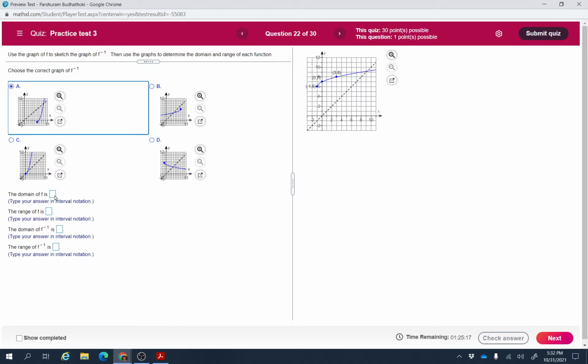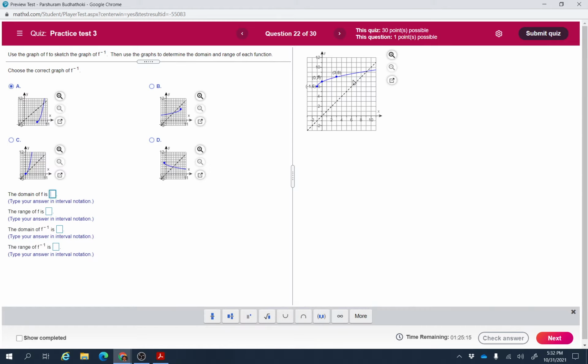The domain of f is, as you can see, the starting point, which is from negative 1, and going up, there is no end point, so going up to positive infinity. So including negative 1 to positive infinity. That's the domain of f. And the range of f is, where is the range going?